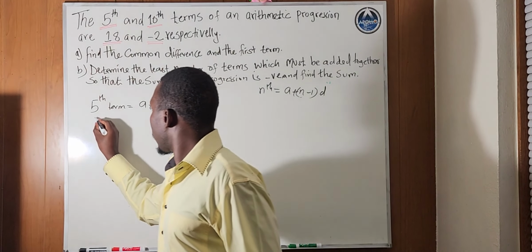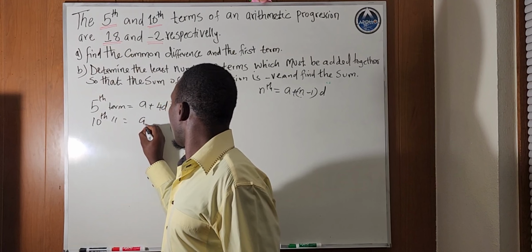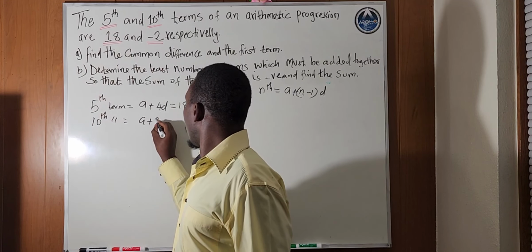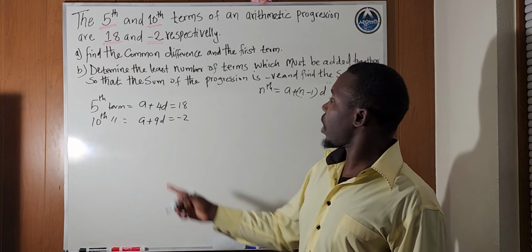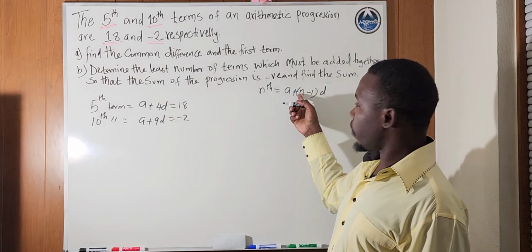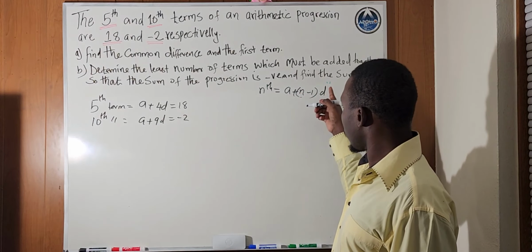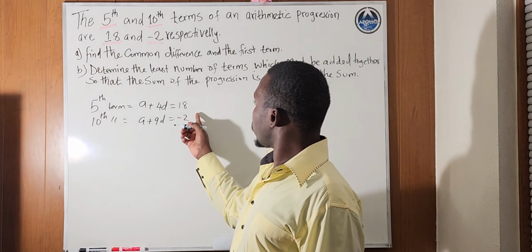Then the 10th term will be equal to A plus 9D equals minus 2, because now we take 10, replace n, then n minus 1 times D. So these are two equations.